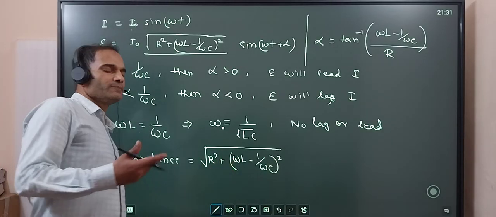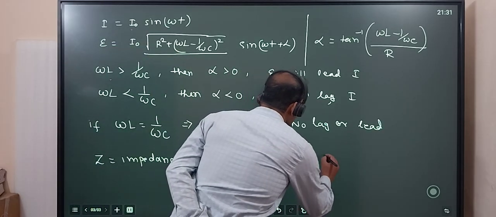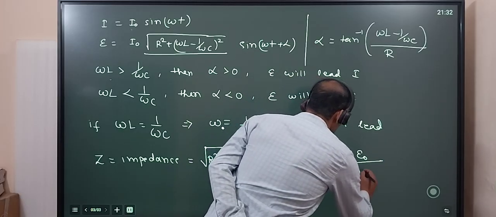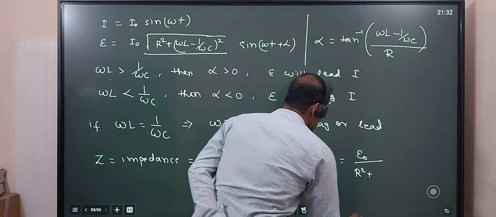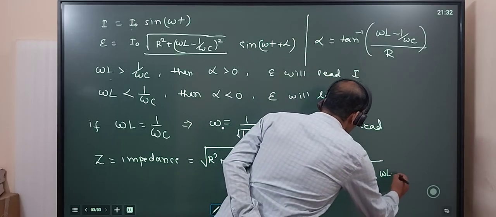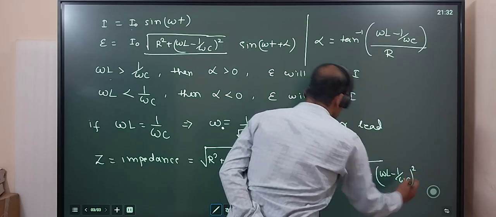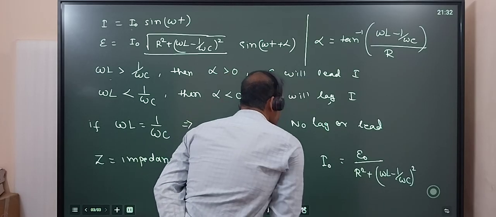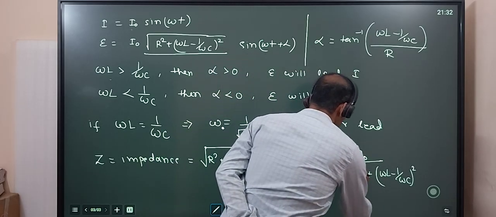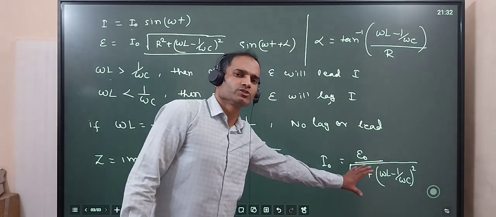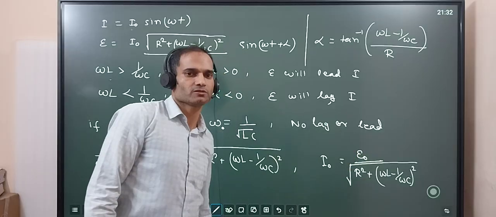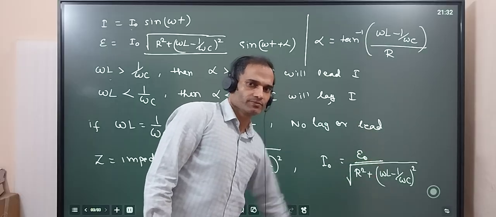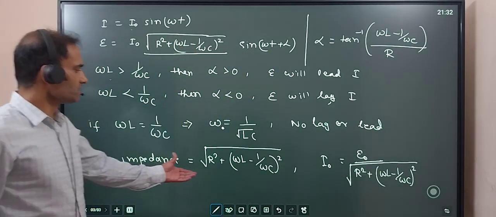If impedance is high, I naught will be E naught divided by this impedance. The same relationship is true for RMS current and RMS voltage: I RMS, E RMS, the peak value of I, the peak value of EMF. So this thing is called impedance.